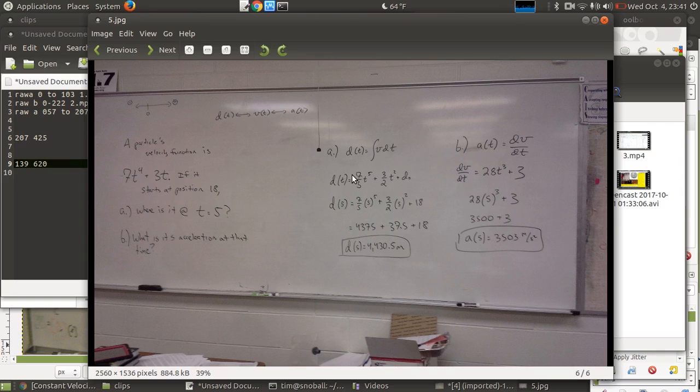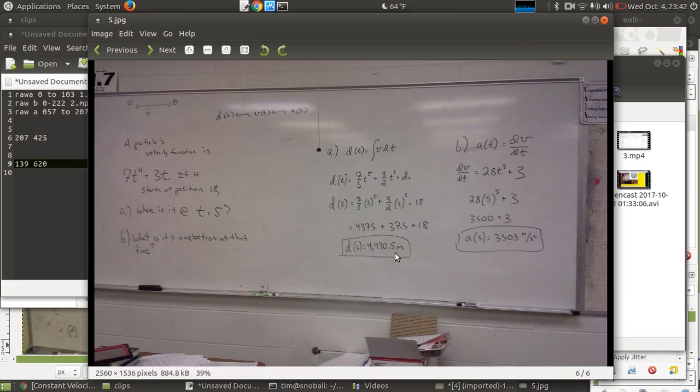So the where it is, the position, we basically just take the integral of that velocity function, which ends up being this. And notice we just have a constant x0 for original distance. Well, we have to be given that, and notice the problem did. So we just put the 18 in for that. It asks where it is at t equals 5 seconds, so we just plug 5 in for time, and we end up with our answer.